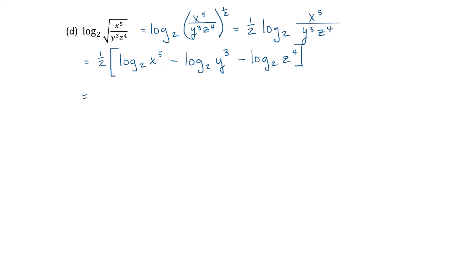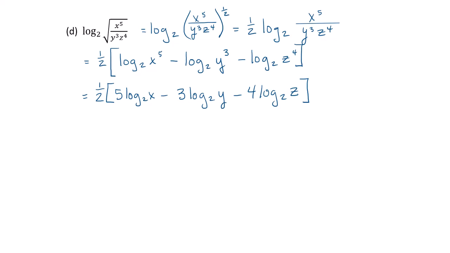Now I can go ahead and move those exponents on the arguments down to be in front of the logs, each of the logs individually. So I have 1/2 in front of the whole thing, 5 log base 2 of x minus 3 log base 2 of y minus 4 log base 2 of z.